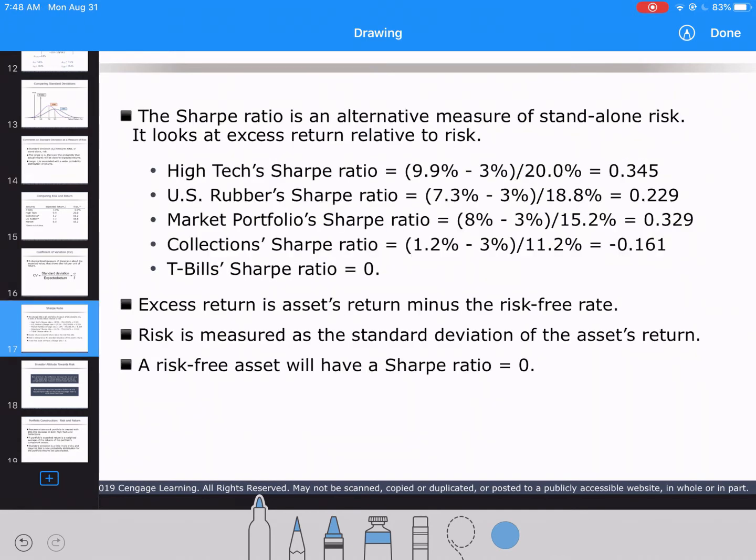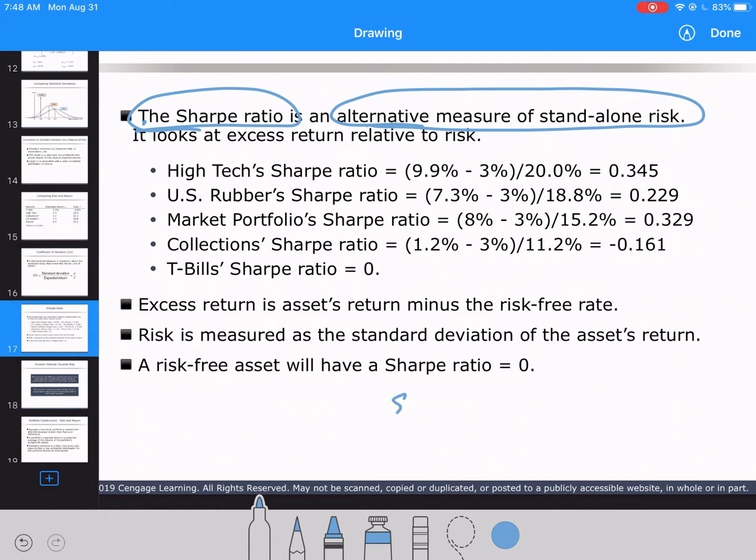And then there is another one, Sharpe ratio, and this is an alternative measure of standalone risk. So what happens here is you look at the expected return, subtract the risk-free rate, and divide by the standard deviation.